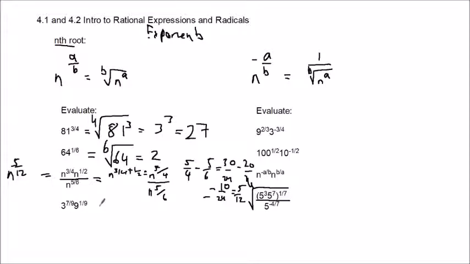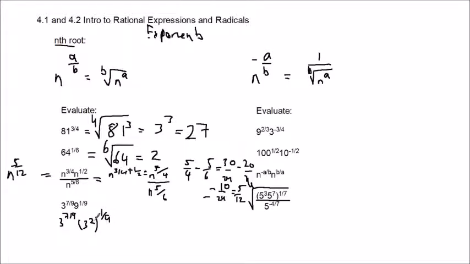Right. Next, we have 3 to the 7/9 times 9 to the 1/9. Now they have different bases. So it might seem like it's hard, but it's not that hard, because 9 is 3 squared. So we can fix our 9, so we have 3 to the 7/9, and then 9 is 3 squared, so 3 squared to the 1/9. And then our power of power rule.